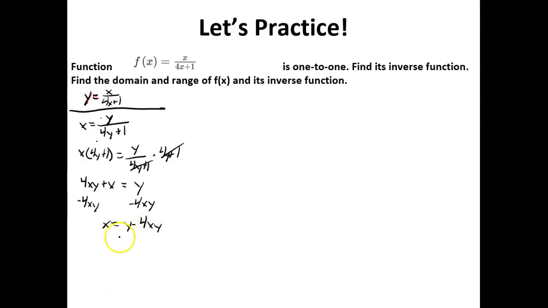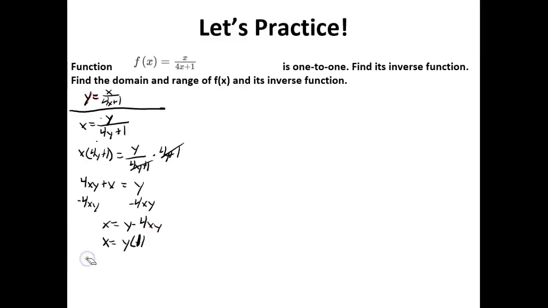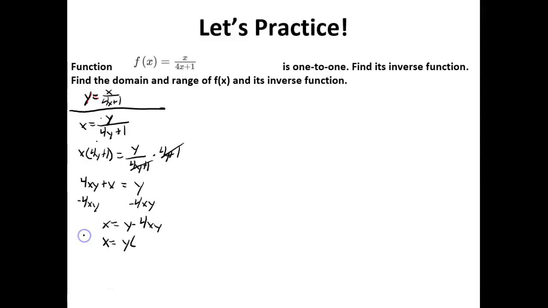I see y's there. I'm going to factor them out. So y times 1 minus 4x. To get the y by itself, I would divide by 1 minus 4x.